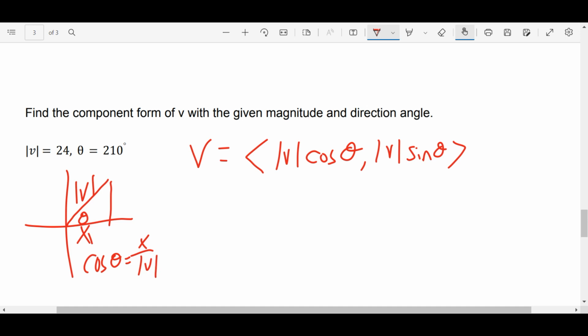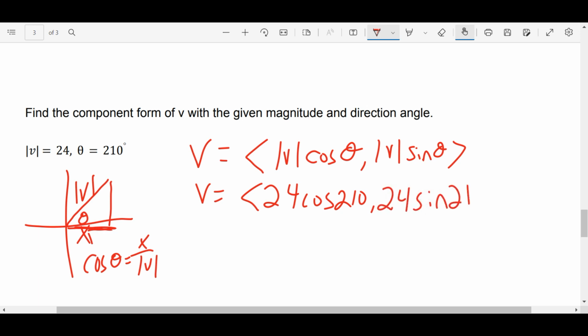Then to find what this distance is right here, multiply both sides by the magnitude, and look, that's what this is right here. Same story with the sine, okay? So if I give you magnitude and I give you the angle, all you need to do is plug them in, and then what comes out as a result?